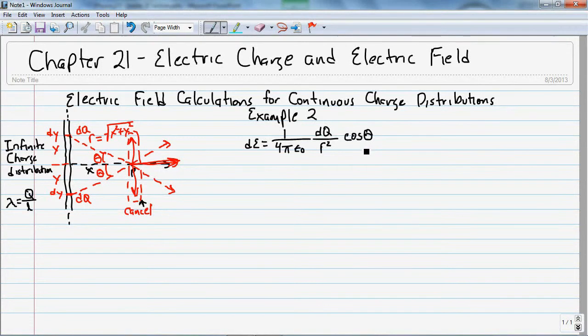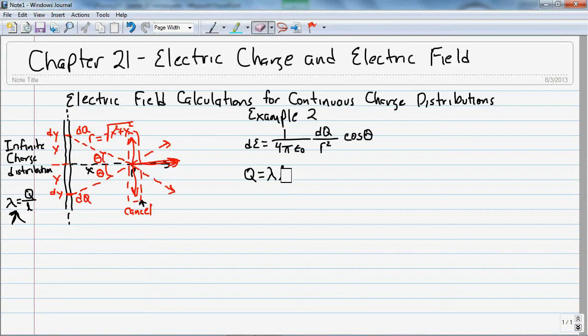Now I need to find dq. Well, let's look at it this way. I know that my total charge is equal to lambda times L, because I'm just rearranging this charge per length equation.